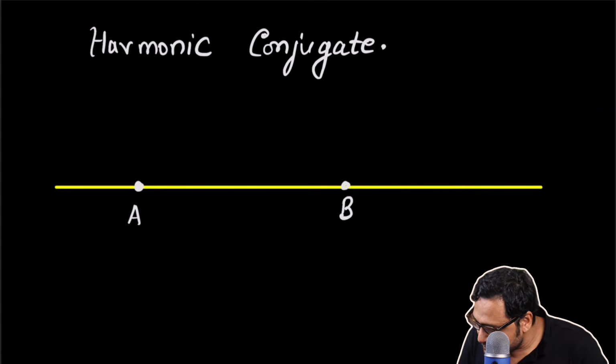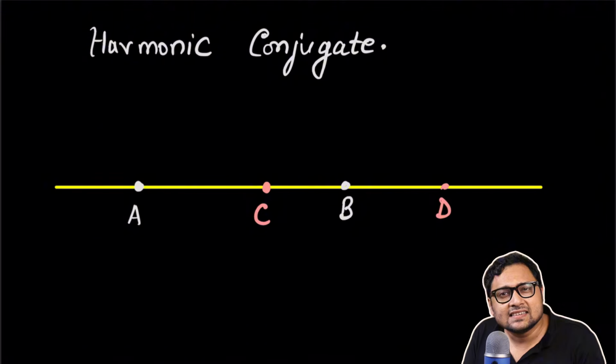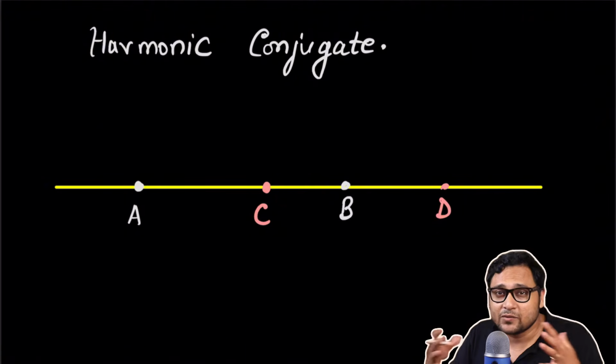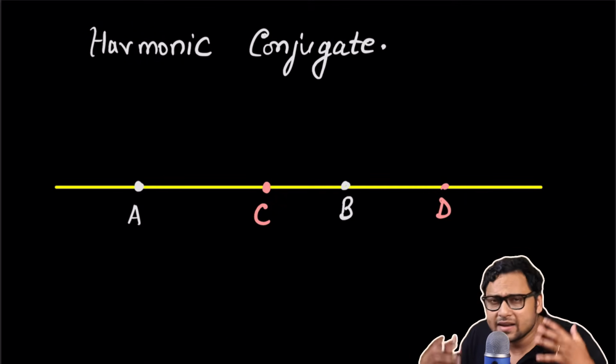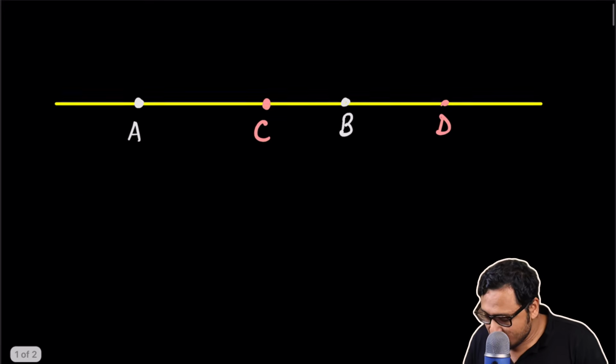So let's pick up two more points, C and D. When are C and D harmonic conjugates with respect to A and B? Well, the condition is really simple.